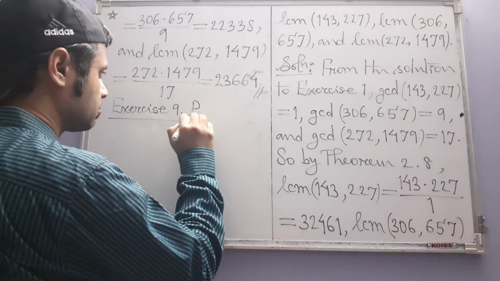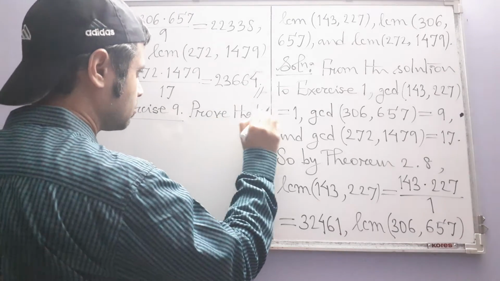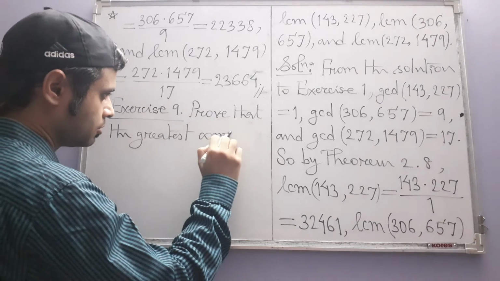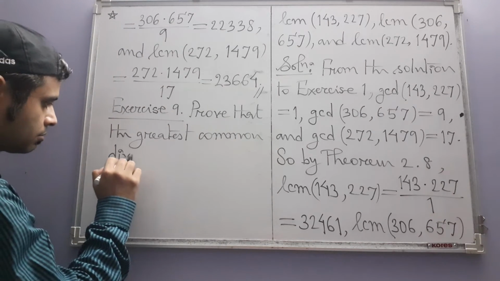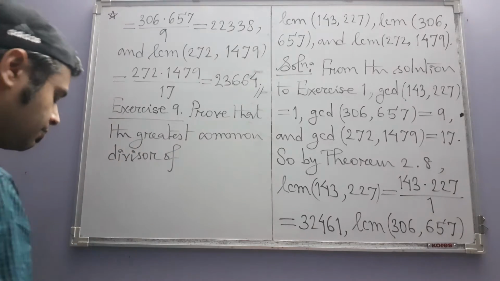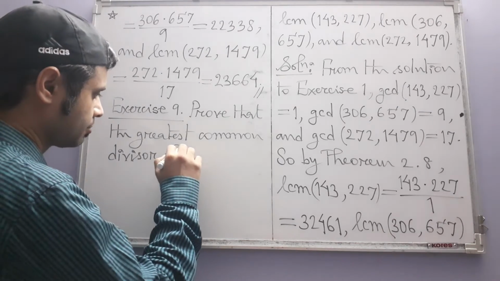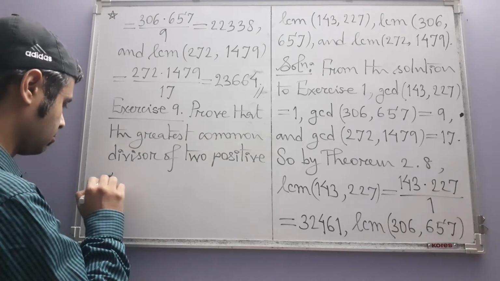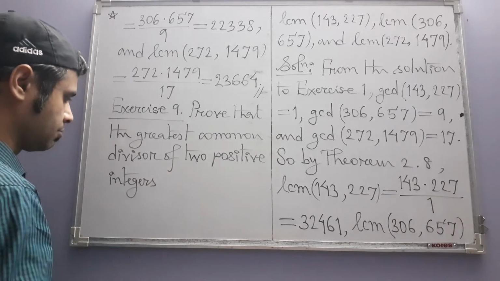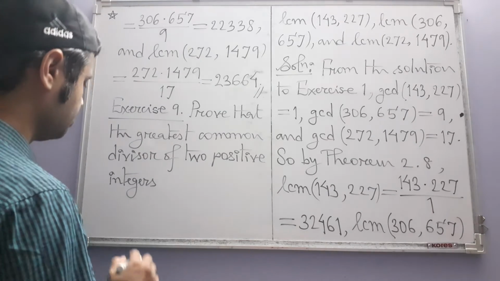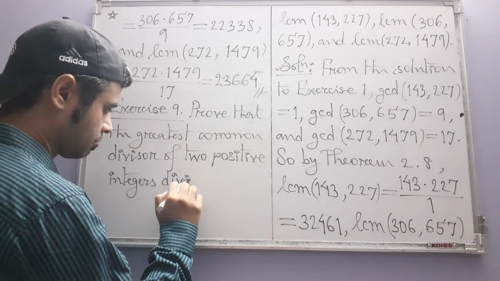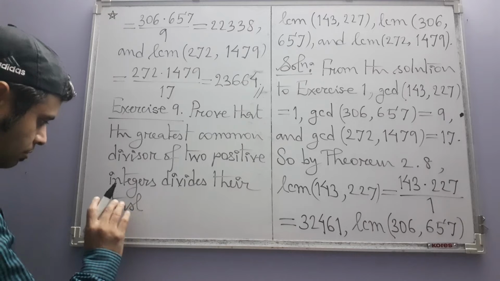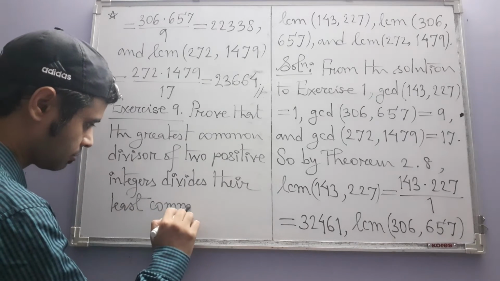Prove that the greatest common divisor of two positive integers divides their least common multiple.